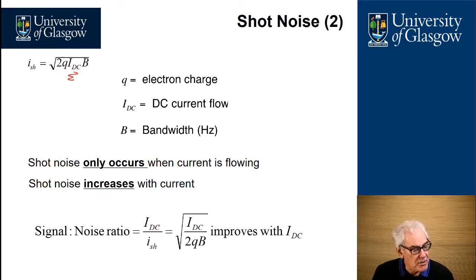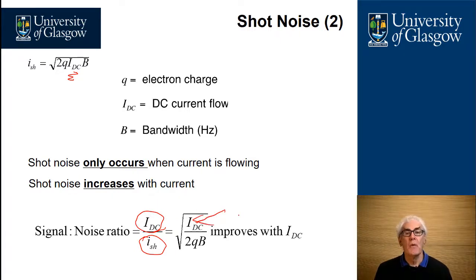So if we define our signal to noise ratio as the value of the DC current divided by the value of the shot noise, we discover that as the DC current increases, we actually improve our signal to noise ratio due to shot noise, because although the shot noise is increasing in absolute terms, it only increases by the square root of the DC current, whereas the DC current increases linearly.